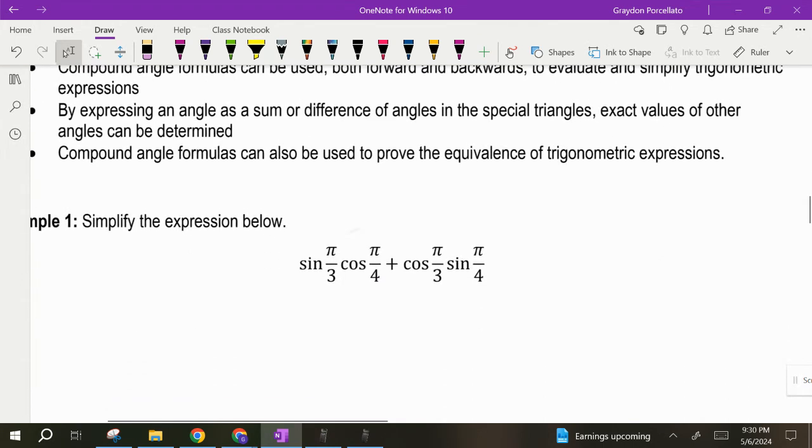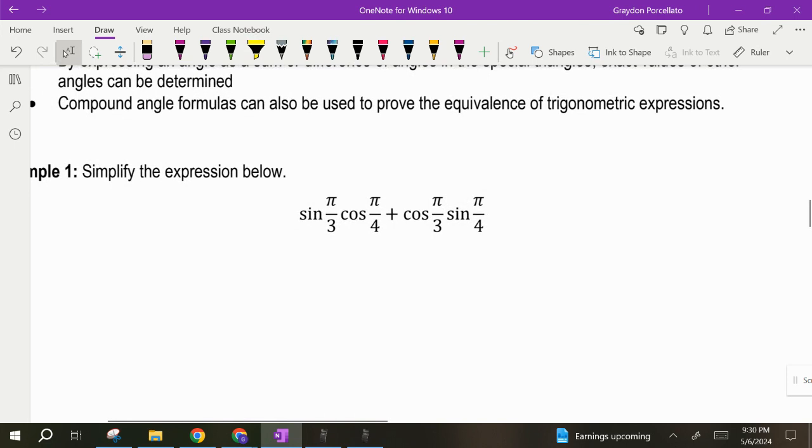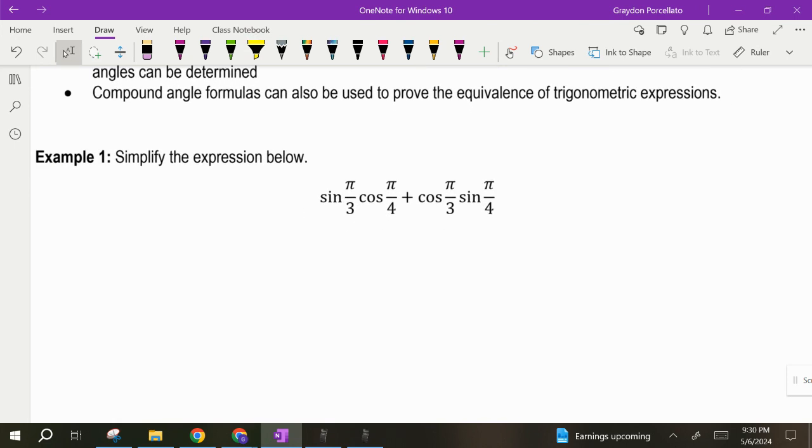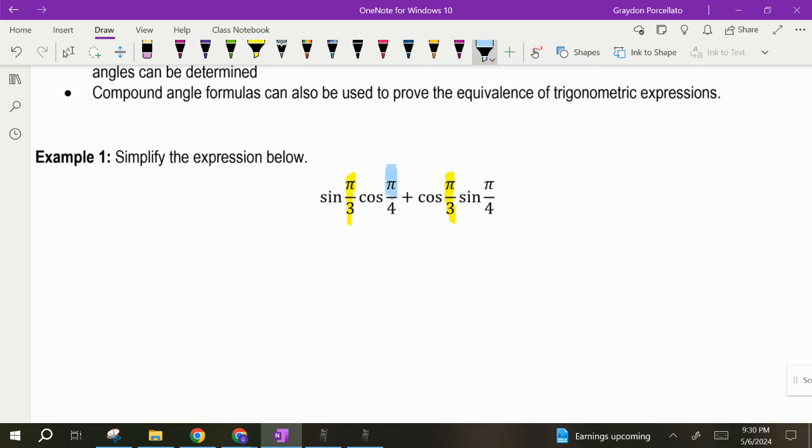So the first question here says simplify the expression below. Okay, well, let's simplify this expression. So notice here that we have sine of pi over 3 cos of pi over 4 plus cos of pi over 3 sine of pi over 4. So what I want you to notice here is that we have 2 angles, pi over 4 and pi over 3.